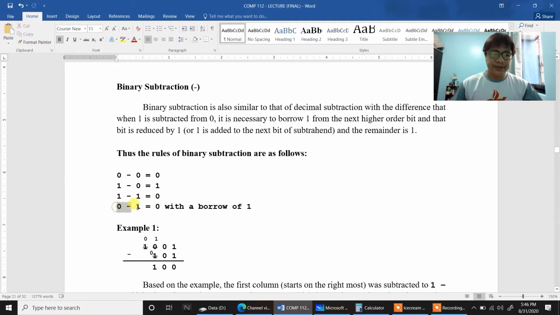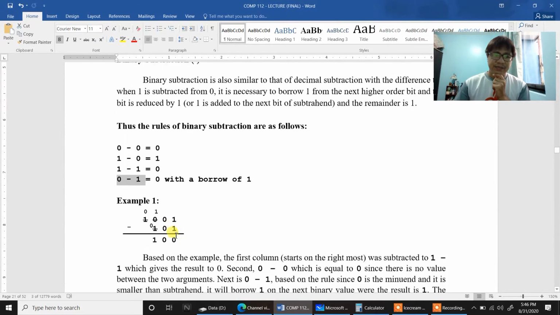But if you encounter 0 minus 1, the result will become 0, but you need to borrow the 1 from the other number, just like in decimal numbers on how to borrow.